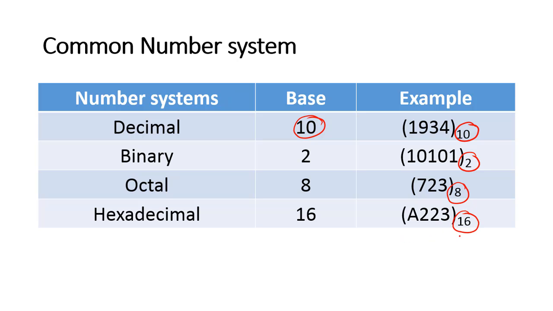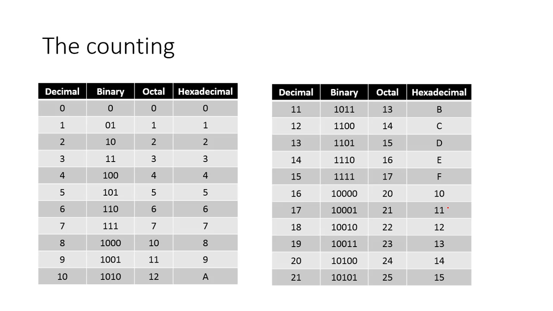So now we come to know that these are the number systems prevailing around us. Now we'll be focusing much deeper on this particular number system. As you can see here, I have given you counting in the various number systems: decimal, binary, octal, and hexadecimal. Keep in mind one thing: 0 to 9 is what you have in decimal number system.